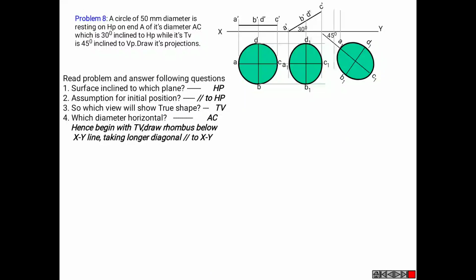Now by taking the projections in both VP and HP, mark the points for all the belonging points and join all the points smoothly in order to get your required curve.